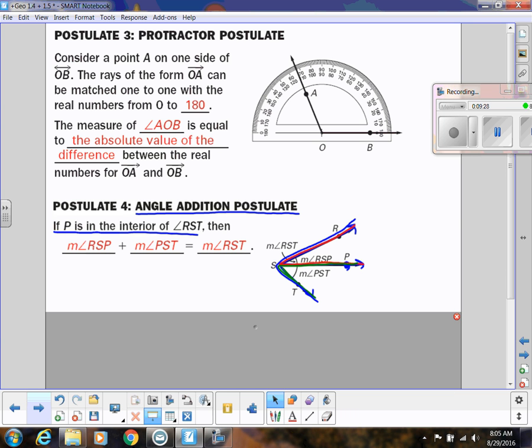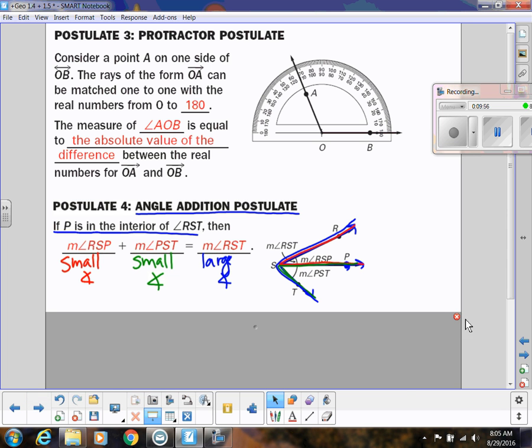Another way of saying that is the two small angles equals the larger angle. And this is very similar to that segment addition postulate that we talked about in class with segments. So make sure you have that on your card.